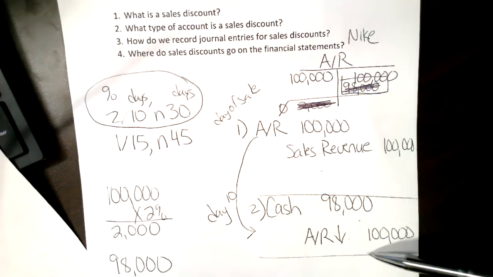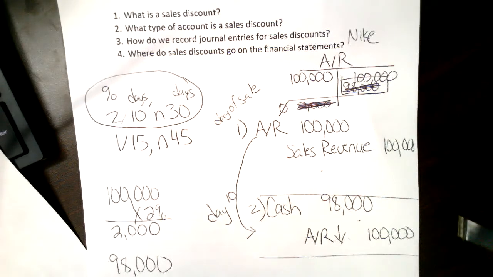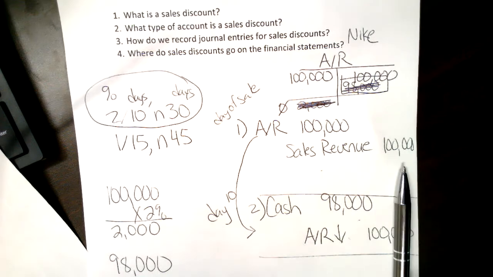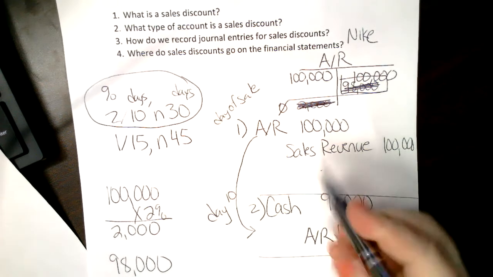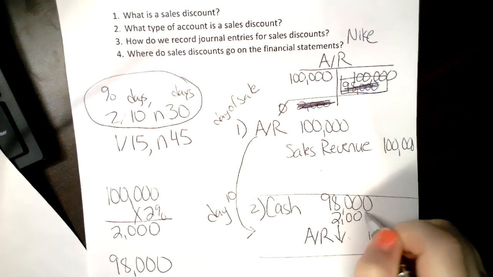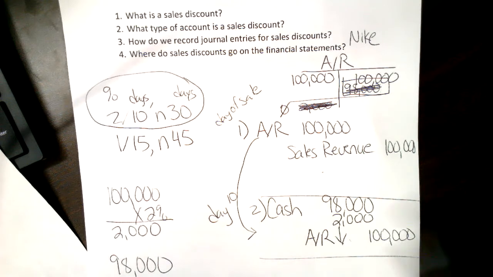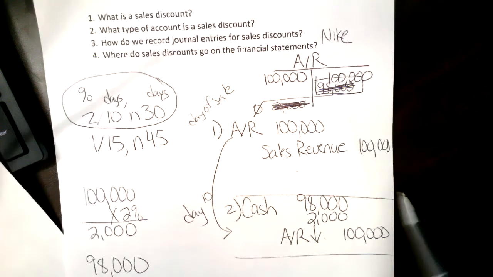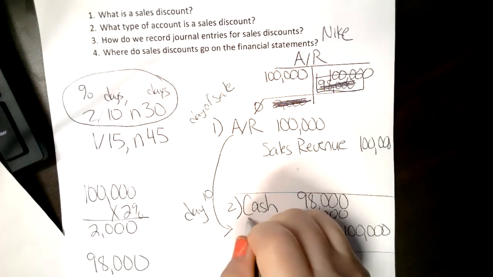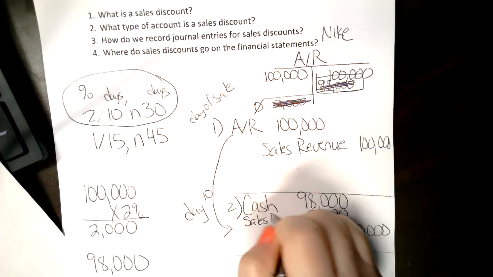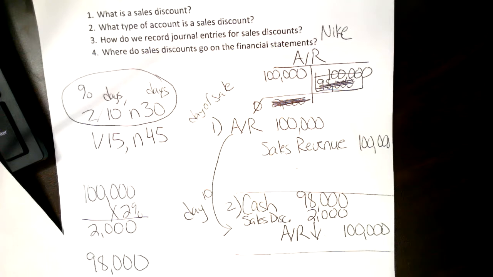Can I leave that journal entry like that? No, your debits always have to equal your credits. So I know that I need another $2,000 debit so that my total debits are $100,000 and my total credits are $100,000. What is that debit going to be recorded to? And this is your sales discount account.